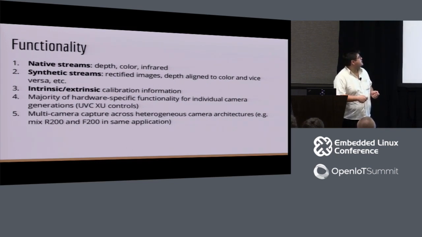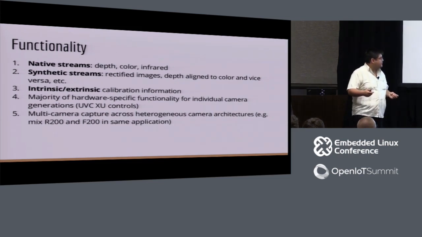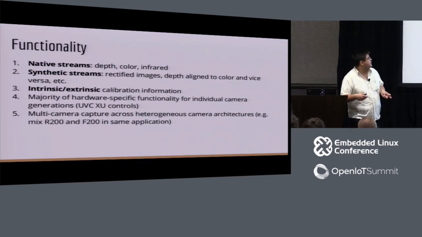It will give us the intrinsic and extrinsic information from the camera. And it is exposed by the USB video controller API. This library could be used with several cameras attached to the same device.